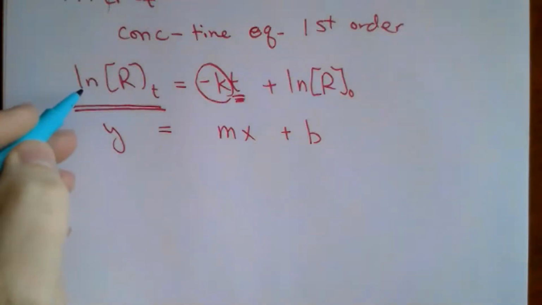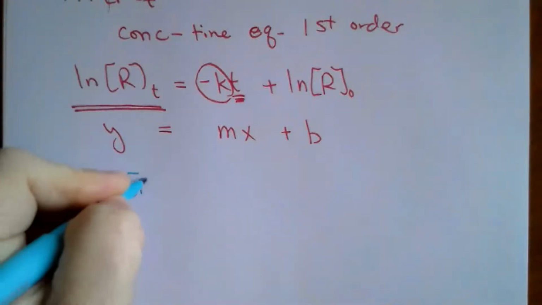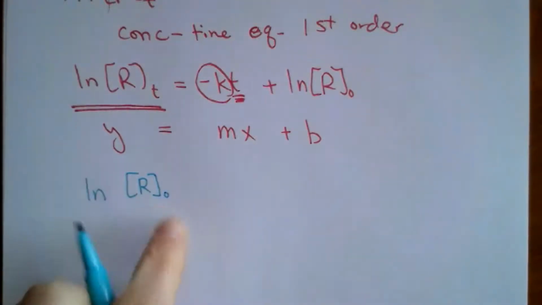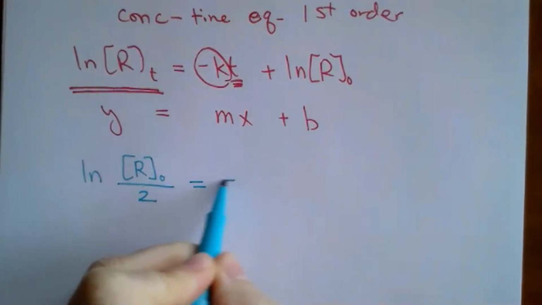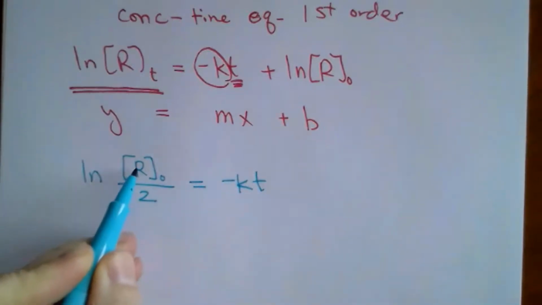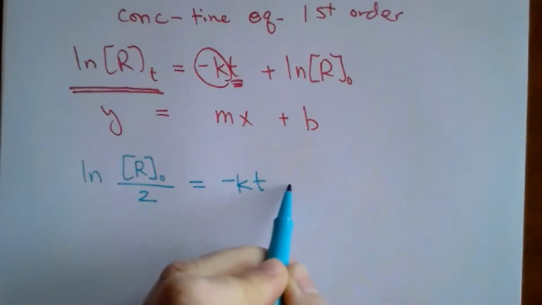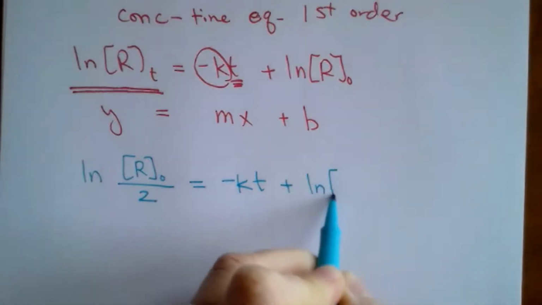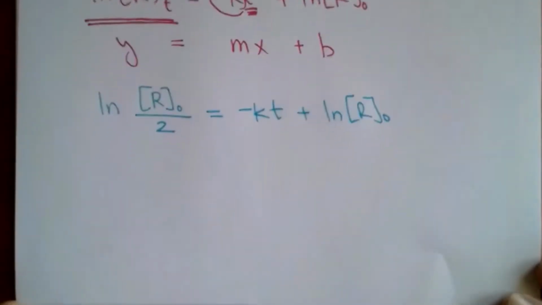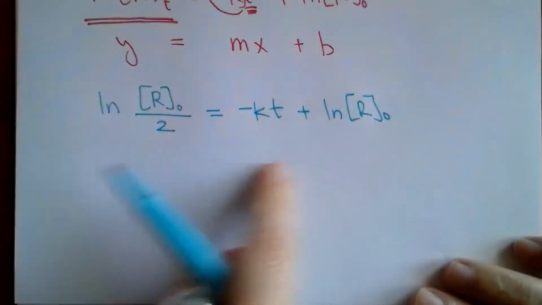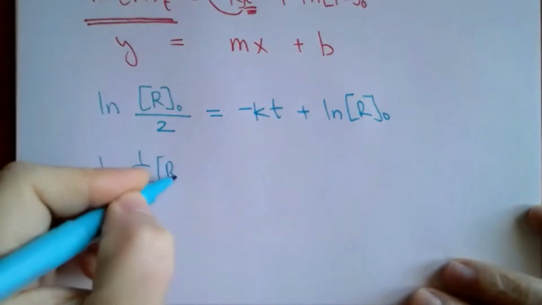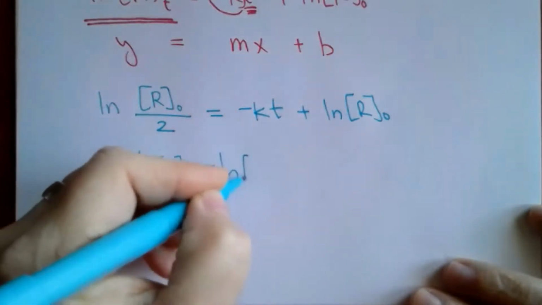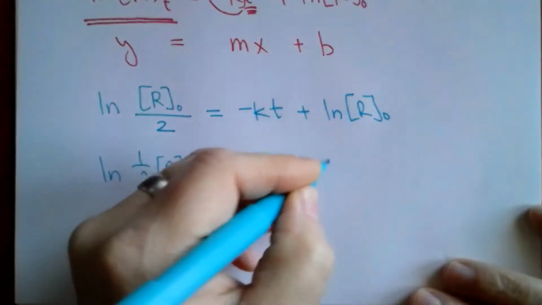Let's explain. I'm wanting to know half-life. That means the amount of time it takes for the initial concentration to become half of what it was. So if I plug in R0 over 2, or 1/2 R0, then I can simplify my equation. If I go back to pulling ln on the other side, ln of 1/2 R0 minus ln of R0 equals negative kt.